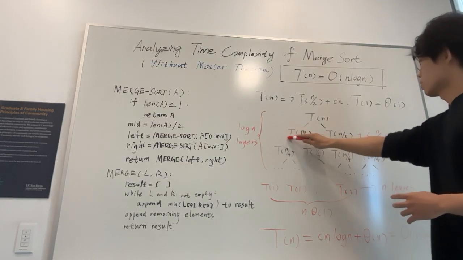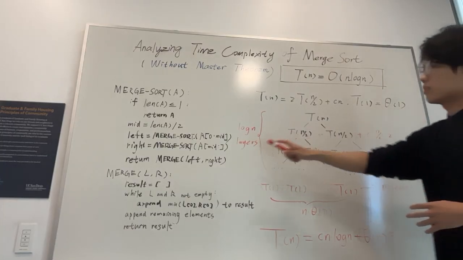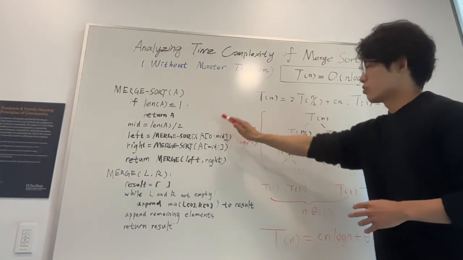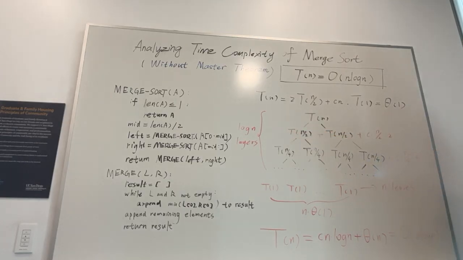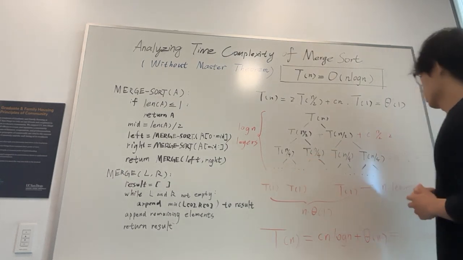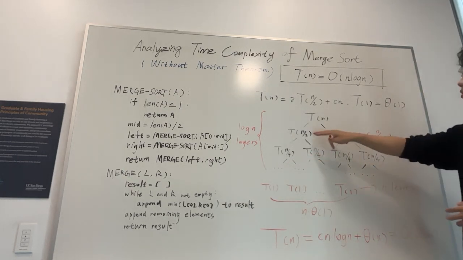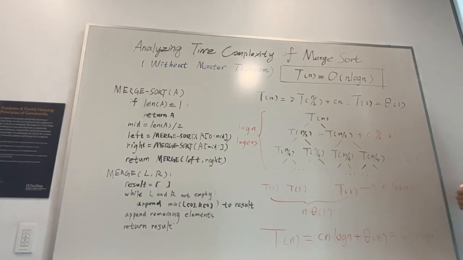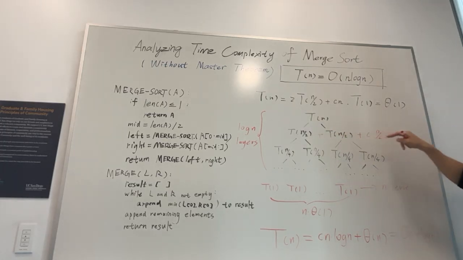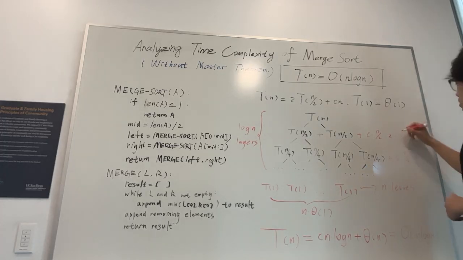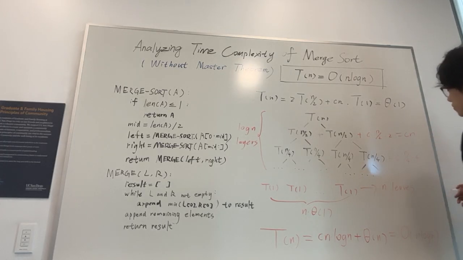And in this layer, as can be seen from this pseudocode, aside from these two subproblems, we are doing actual work regarding this merge function. Since there are two subproblems, and each subproblem has size n over 2, the actual work we do here is c times n.